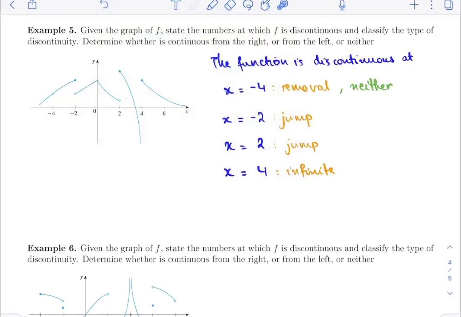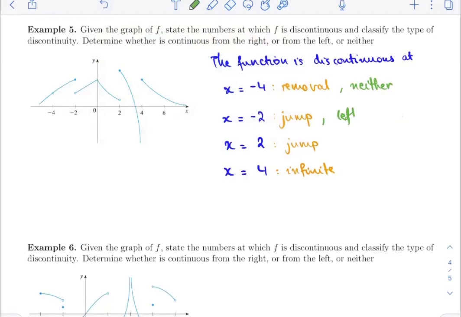So this one is left continuous. At x equal to 2, the function is right continuous because the right-hand limit equals f of 2. And x equal to 4 is also right continuous.